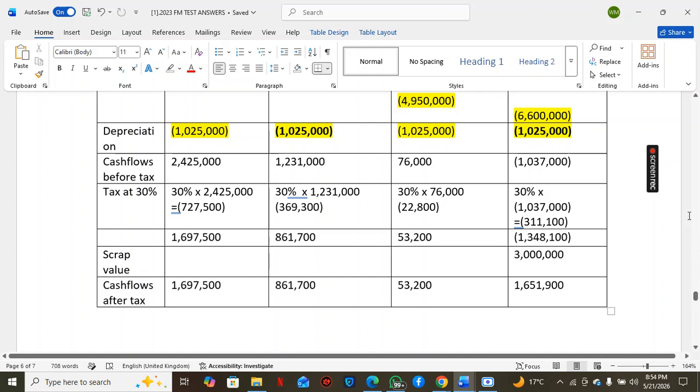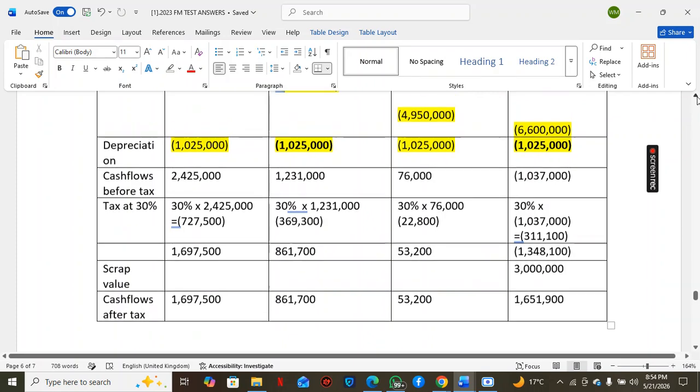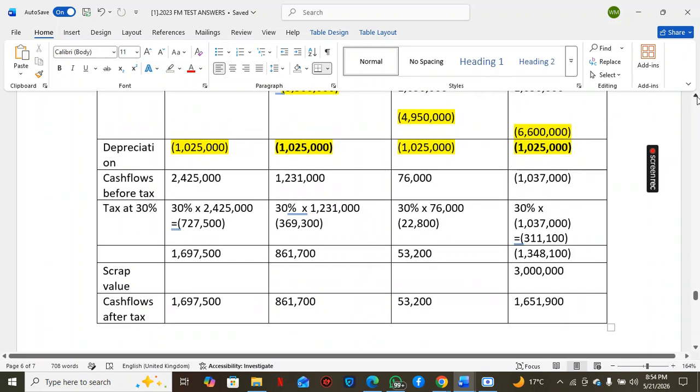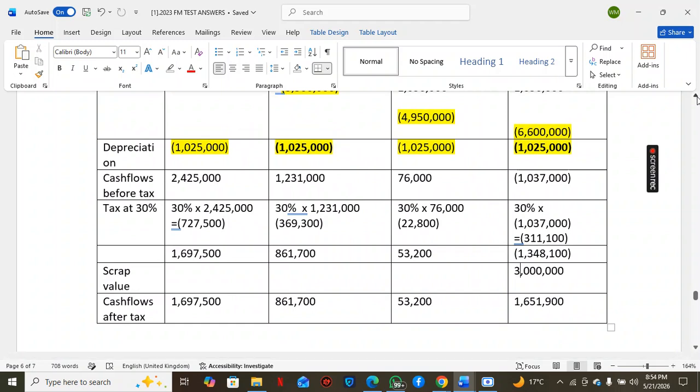Any other questions? This 3 million, the scrap value, is going to be included in the figure for year four that you'll be discounting.